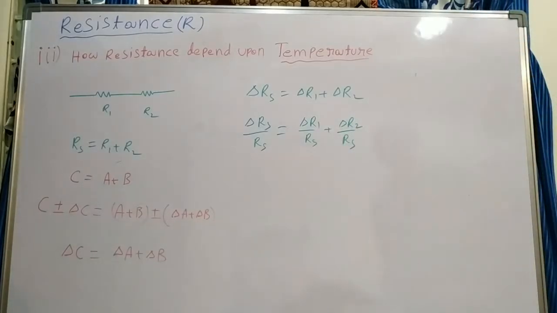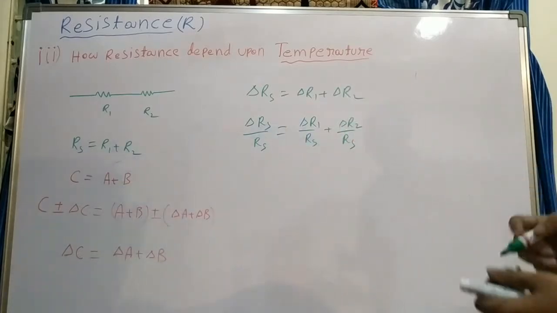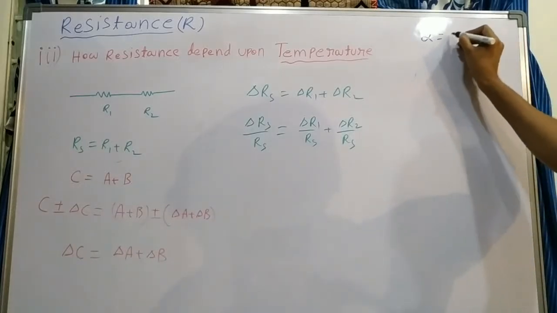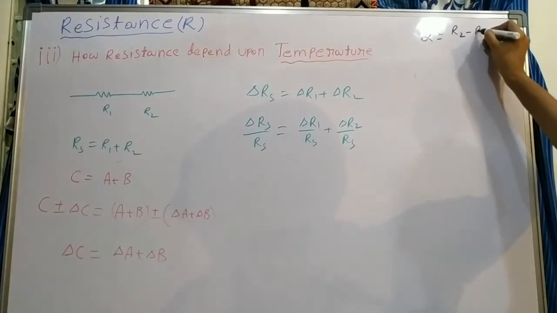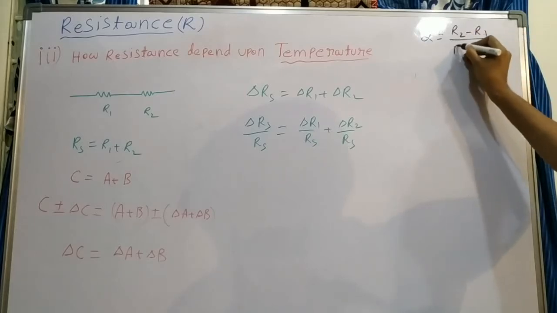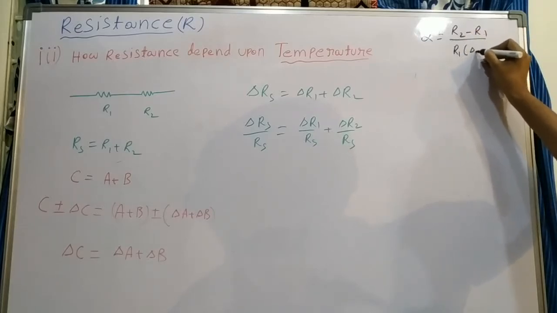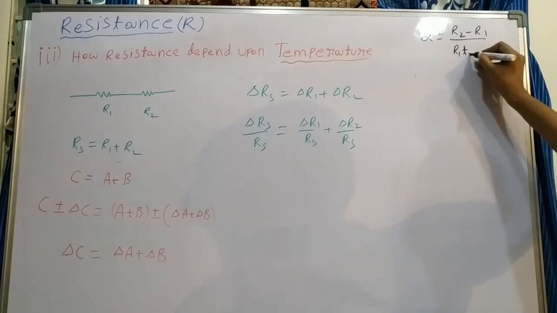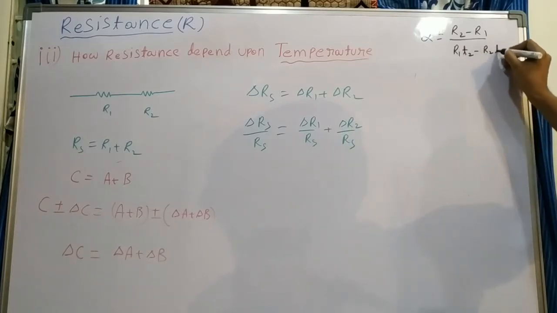Now, we know one formula, alpha is equal to R2 minus R1 by R1 into delta T. Actually it is R1 T2 minus R2 T1.